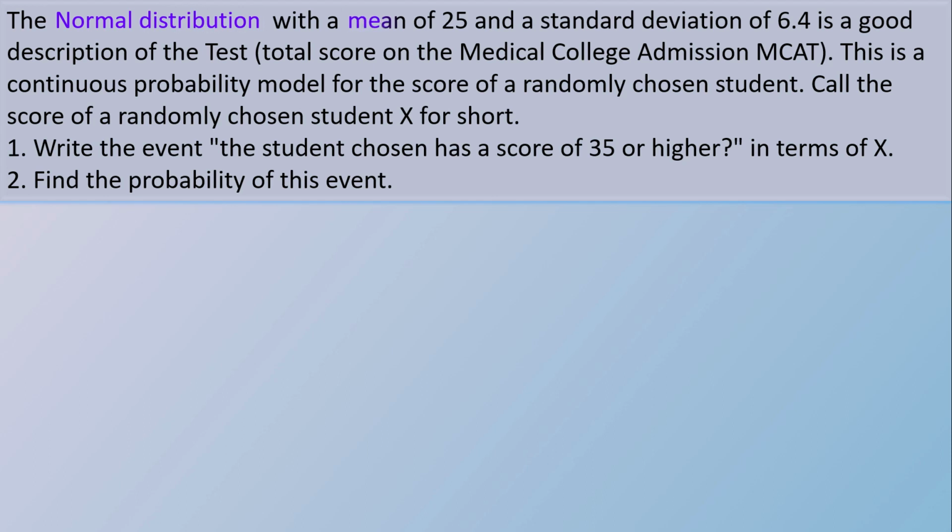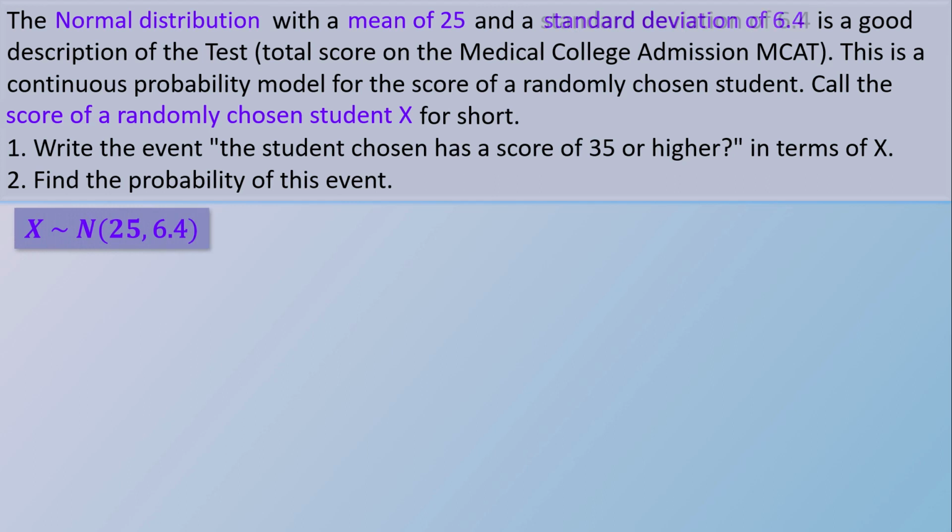Normal distribution, mean is 25, standard deviation is 6.4. And X is the random variable defined as the score of a randomly chosen student. Since we are discussing scores, X is a continuous random variable. So we can write that X has the normal distribution with mean 25 and standard deviation 6.4.